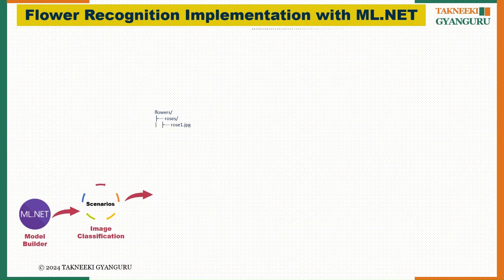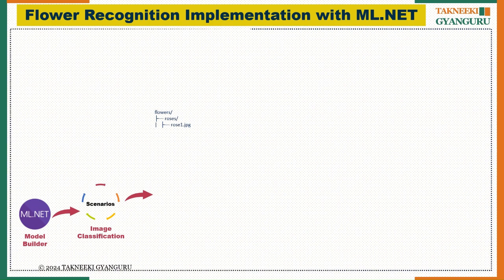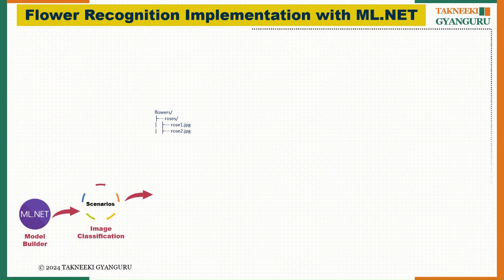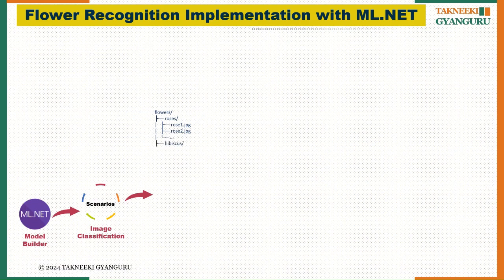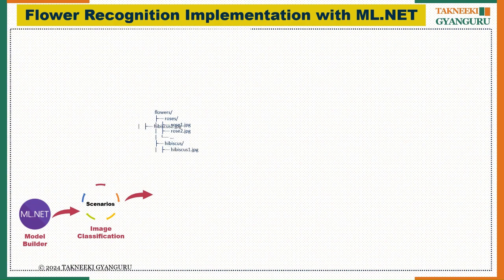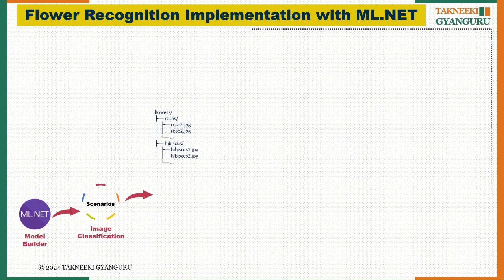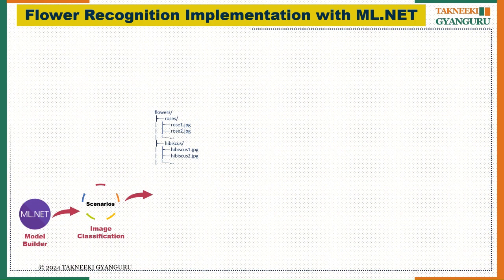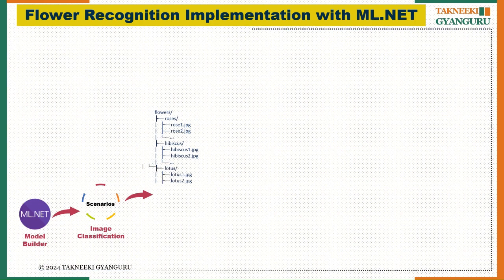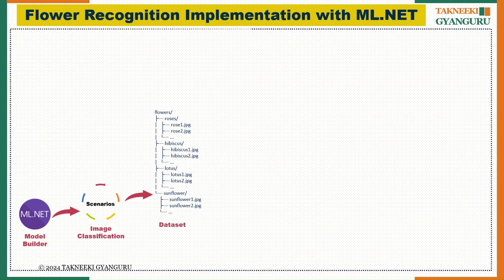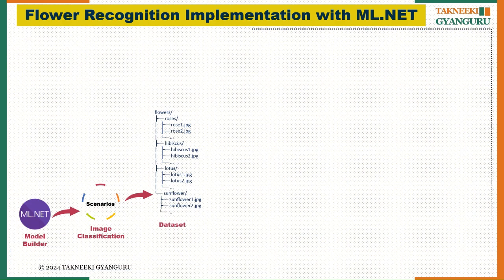In the roses folder, we should have different images with different names, like rose 1, rose 2, rose 3, etc. And then we should have another flower name like hypsicum, and inside the hypsicum folder we have different image names corresponding to the hypsicum. And then we should have the lotus and different other flowers. The folder name should be the flower name. This should be the data set.